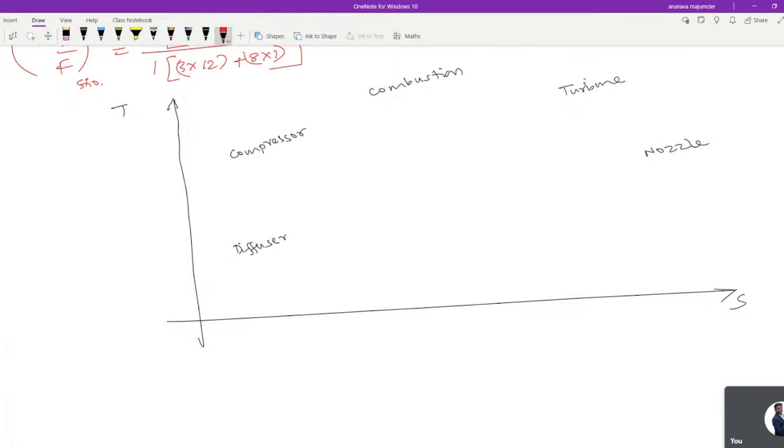Now, there are many ways a question can come. One is what the process is. When we talk about the diffuser to compressor, it is an isentropic process.